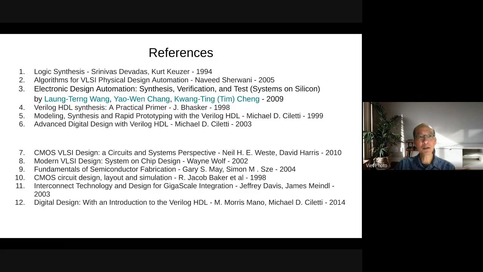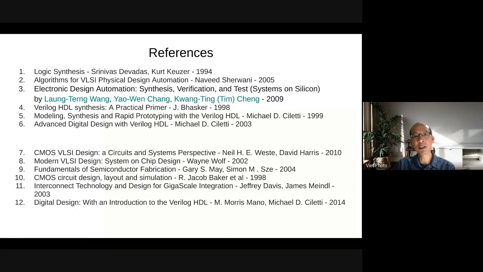So the first two books are very interesting for people in computer science or computer engineering who want to get into the industry of writing the code to do logic synthesis or physical design. These two are not for people using the software.